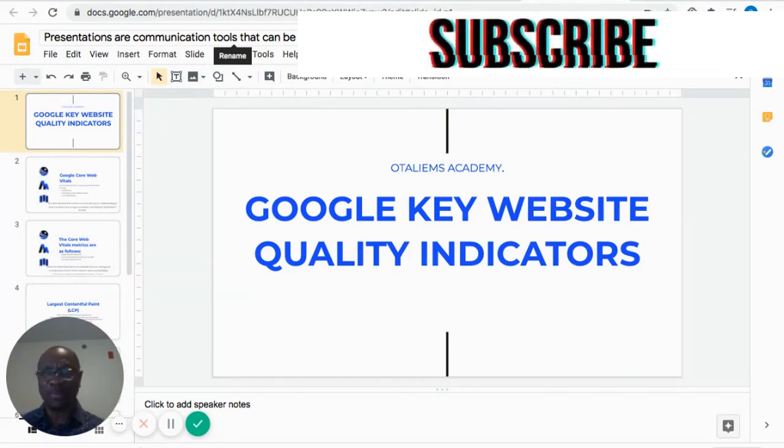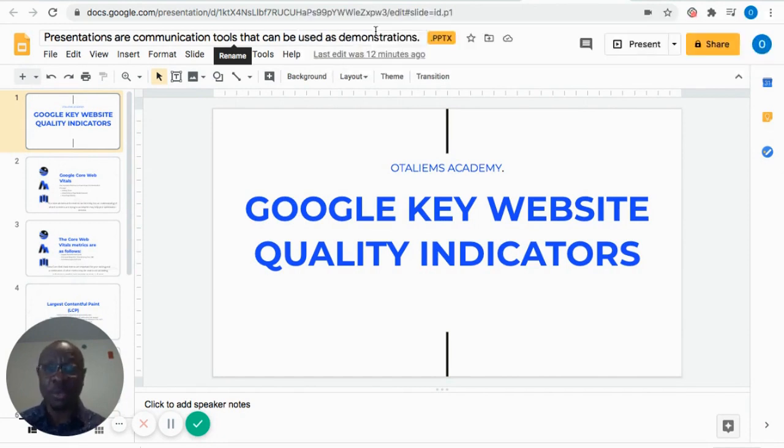So the topic for today is Google key website quality indicators. You all know that Google does come up with regular updates. Google has had thousands of regular updates since they had the first major update in 2011. Today we're going to look at a shift and an improvement from their update, and their focus has been on the user friendly, the user interface.